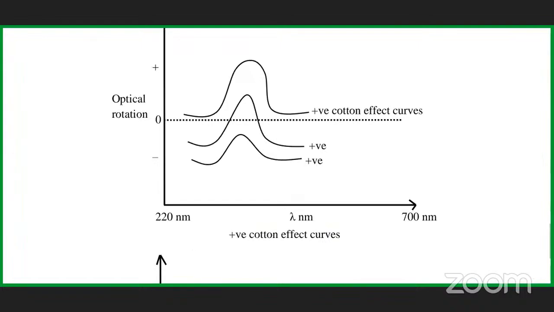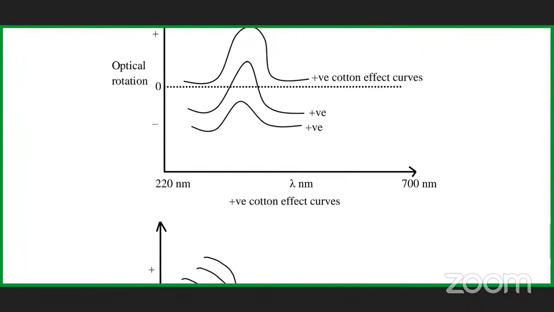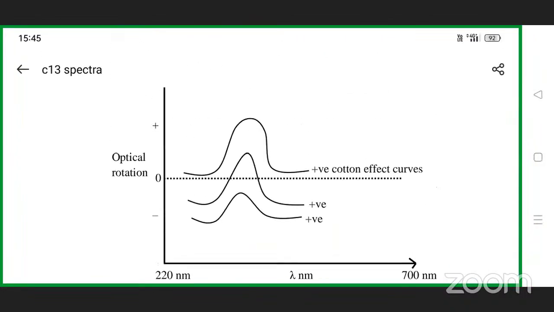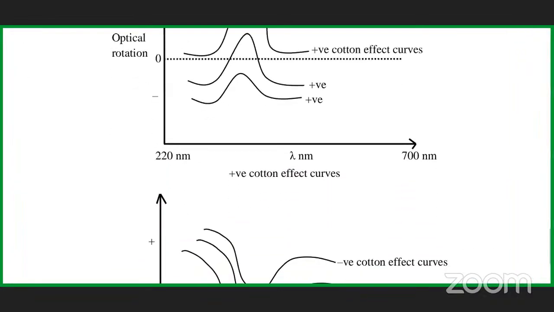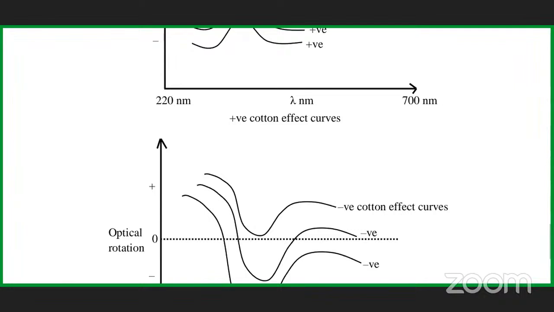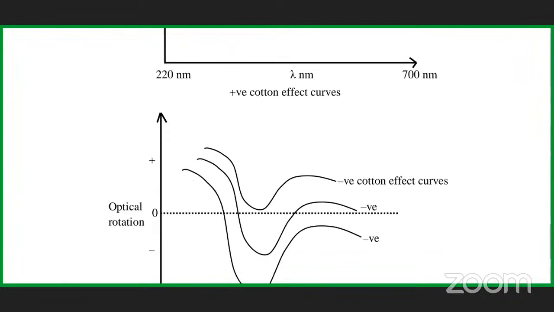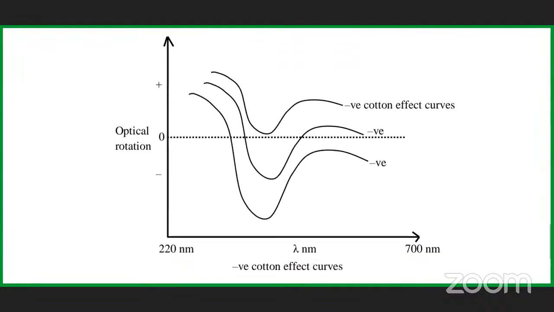The curves having the crest, the crest point, we assign with the positive sign, and those having the trough are indicated with the negative sign.